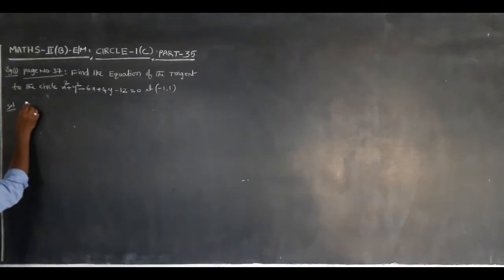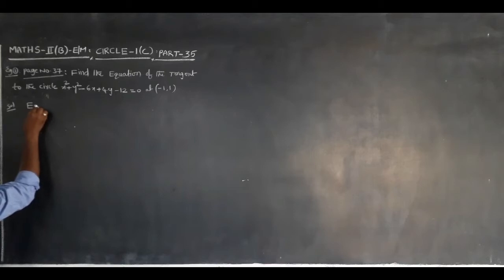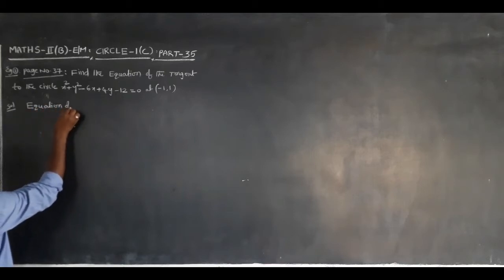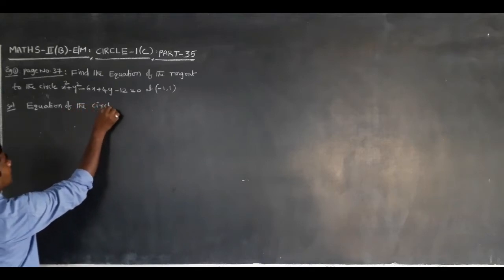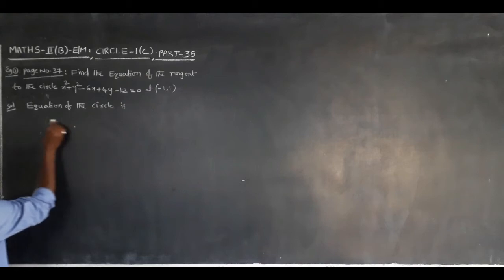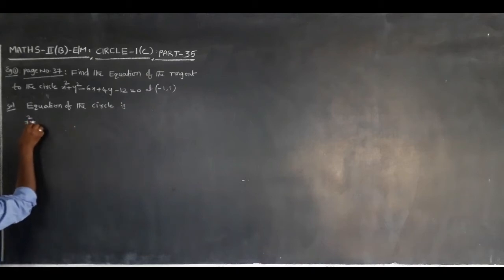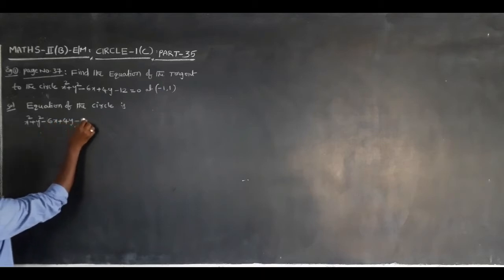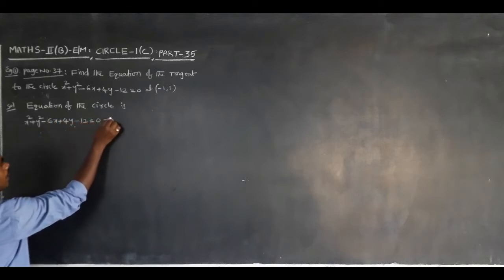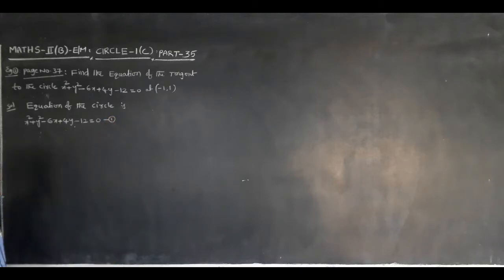Here the given equation of the circle is x square plus y square minus 6x plus 4y minus 12 is equal to 0.